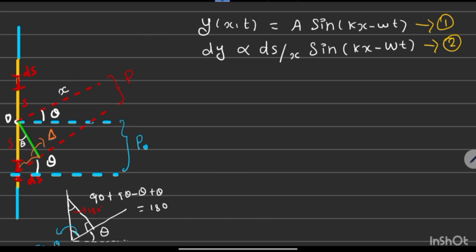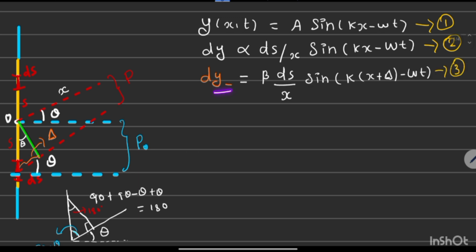And so if I shift the position of the source in the plane wavefront, I can represent its corresponding displacement by dy minus equal to beta times ds, where beta is added since I removed the proportionality constant. So if I shift the source, there must be some path difference.